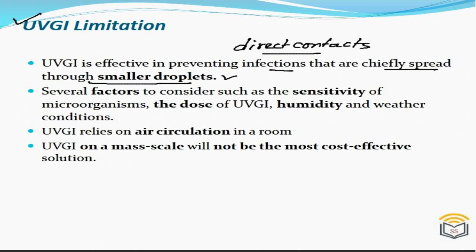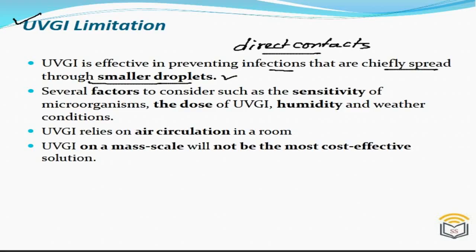That is to say, when a person comes into contact with a surface, or a person who is a direct carrier of that pathogen, they will be exposed to that pathogen. So, it is a disadvantage.